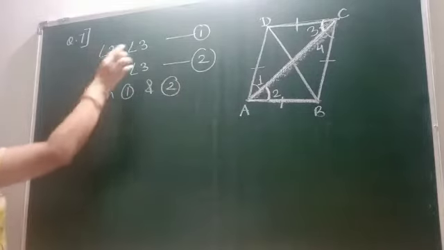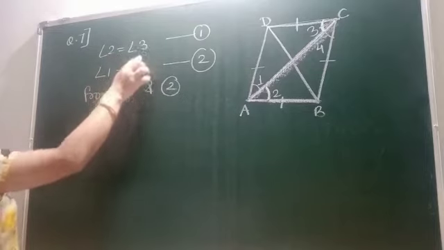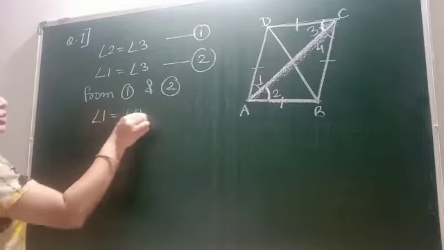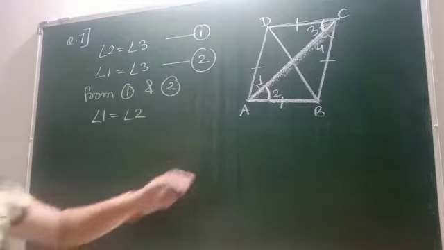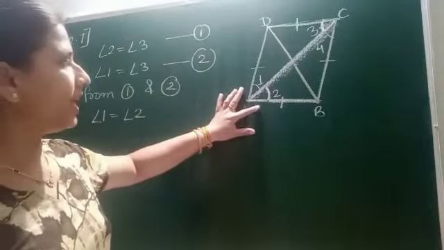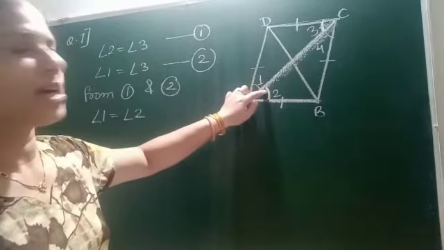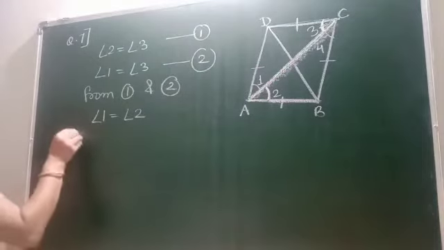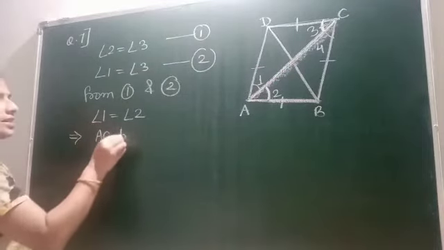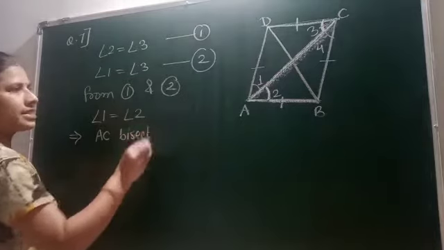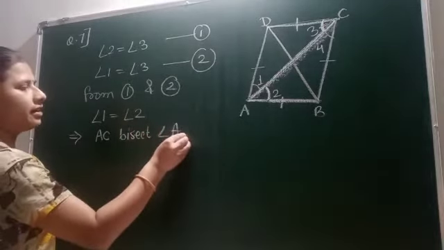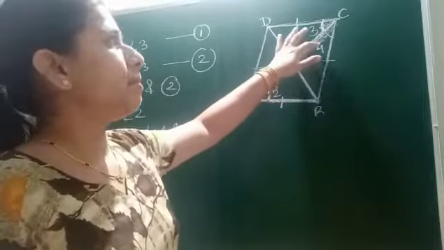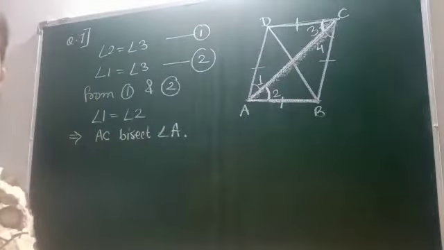Since in equations 1 and 2 their right-hand sides are equal, their left-hand sides will also be equal. Angle 1 equals angle 2. It means this complete angle A is divided into two equal parts. This shows that AC bisects angle A. Now we will show this AC bisects angle C also.